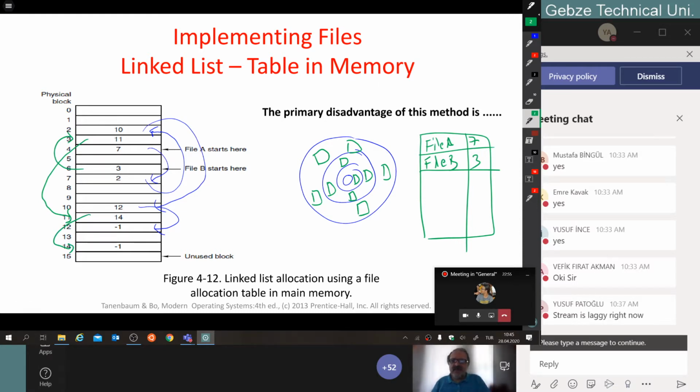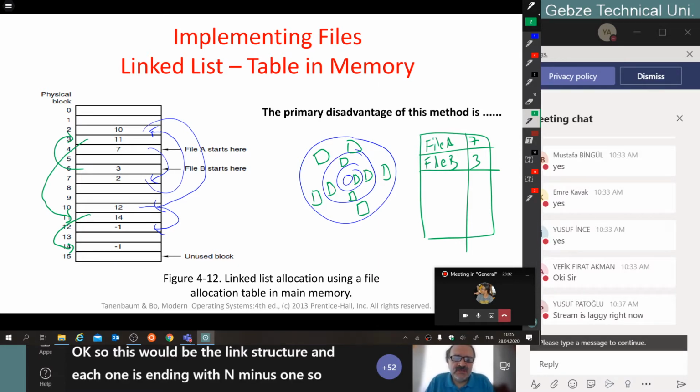Okay, so this would be the linked list structure, and each one is ending with a -1. So all I am saying is that we didn't change much, but all we did was take the linked list out of the disk and put it in the memory.